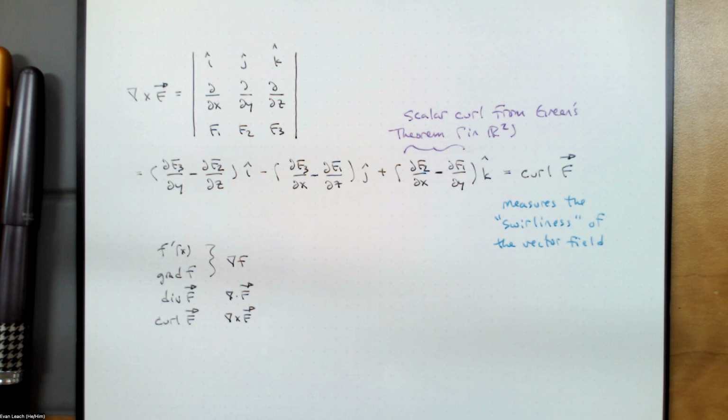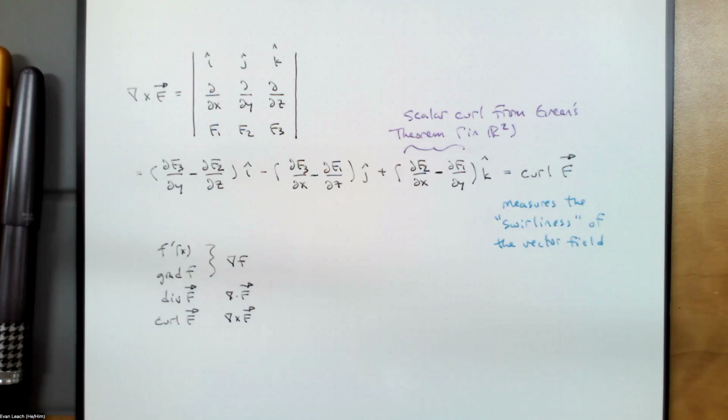It's a vector, so it's going to be the maximum. If there's a bunch of points that are swirling all around, they can be going in through three dimensions: left, right, up, down, front to back. The curl is going to tell us where the maximum is.